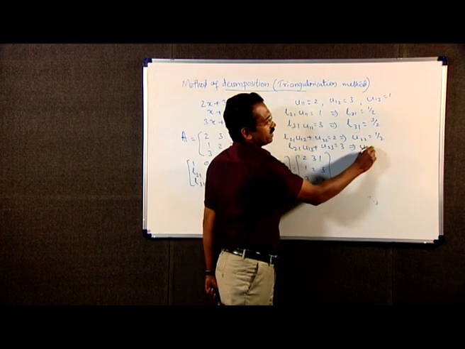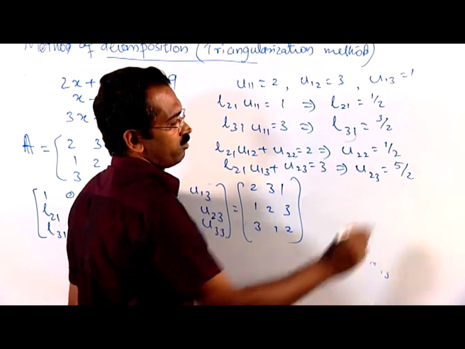On simplification, we get U23 equal to 5 by 2.